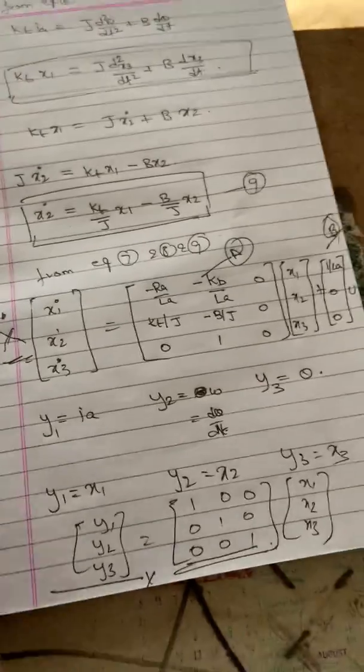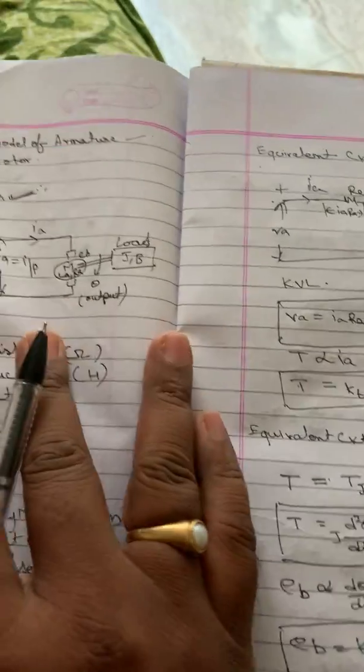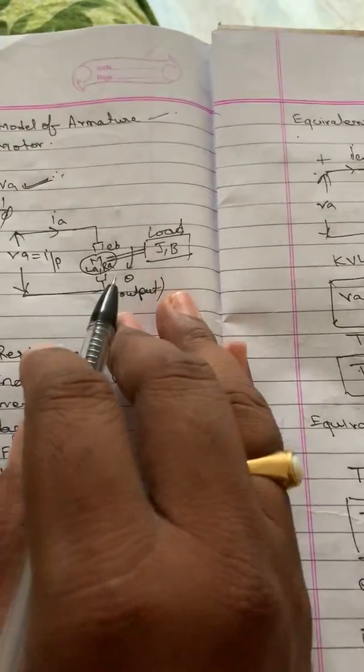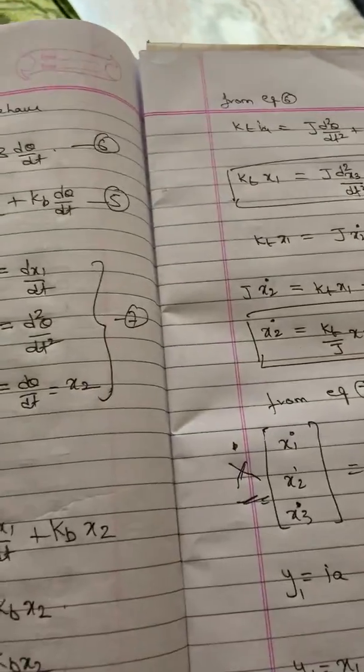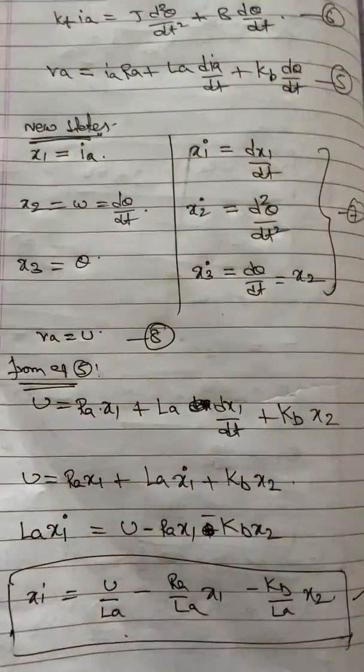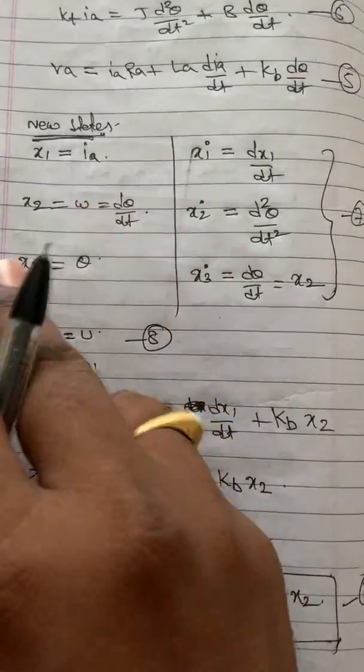If you ask, sir, why we have such a simple output, well, output in terms of theta is well and good, you can take that also. If you want to discuss why we want to measure all three: it's a DC motor and you just want to measure the output as theta, which is nothing but the angular displacement. In this case y is equal to theta, and this theta is given as x3.